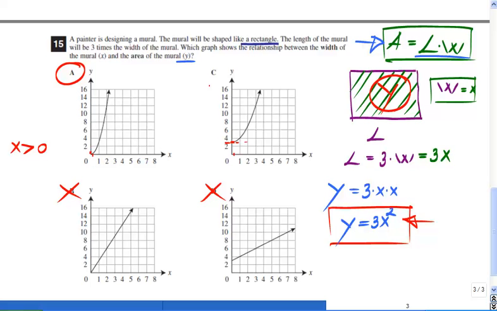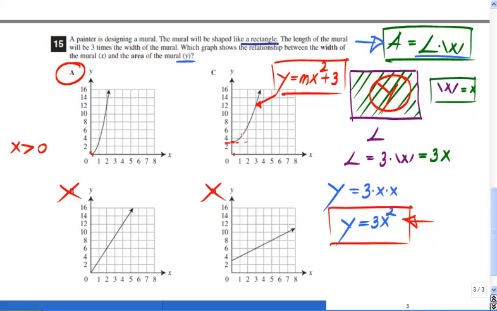Because in the C option graph, if your x, supposedly your width, is 0, the area of your mural, the way it's represented here, will be 3. An equation of this kind of graph would be y equals some number times x squared plus 3, because for x being 0, I still have 3 units, so my y will still be equal to 3.